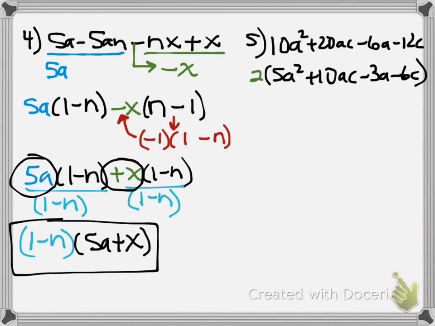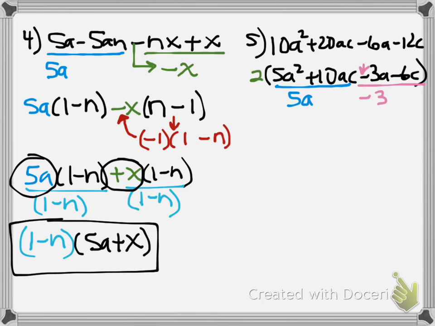What do 5a squared and 10ac have in common? 5a. And then what do negative 3a and negative 6c have in common? Ooh, remember him. He says you've got to pull out a negative, and they have a 3 in common.